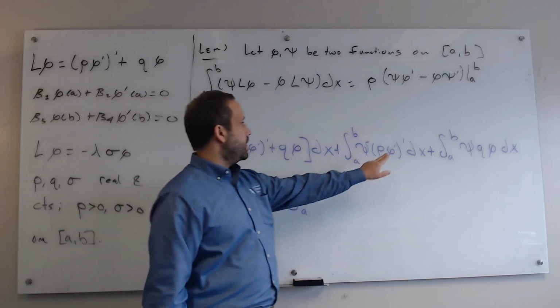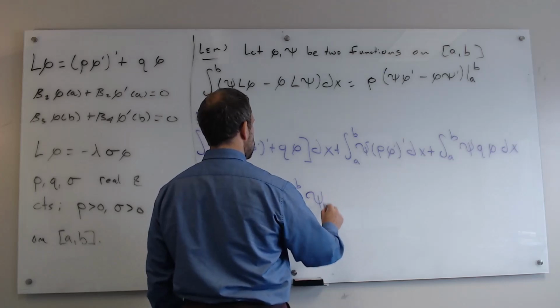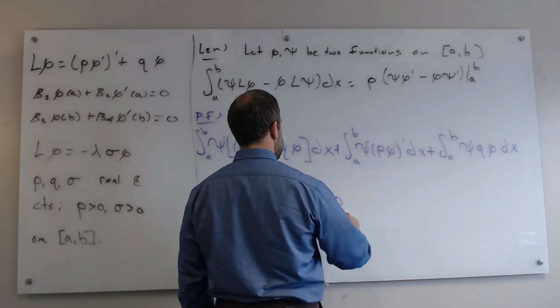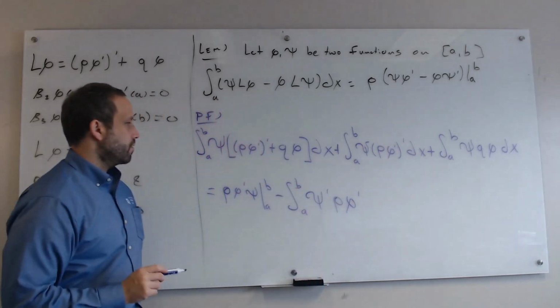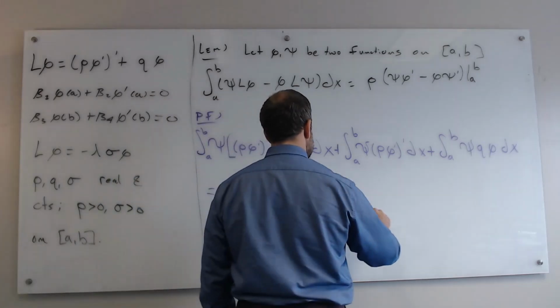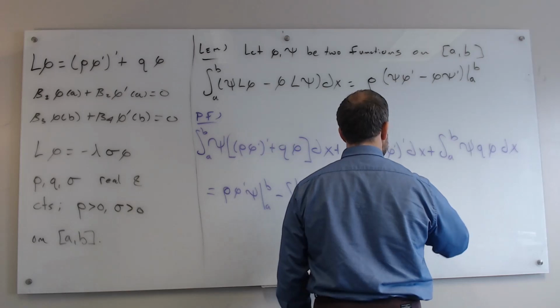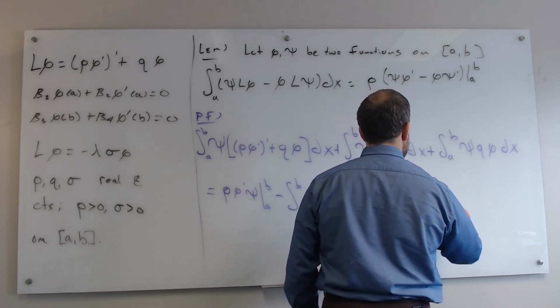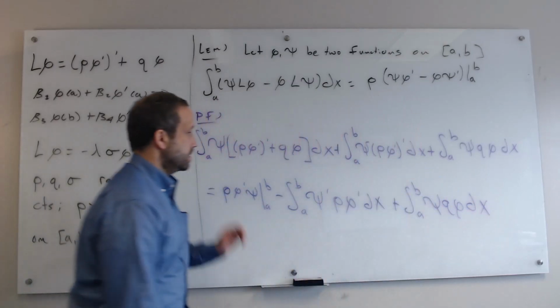Well, the derivative is now going to be on the psi side, and this is going to be equal to psi prime times p times phi prime dx, because we've taken the derivative away from there, and then plus this term, so now it's going to be plus the integral from a to b of psi q phi dx, like this.